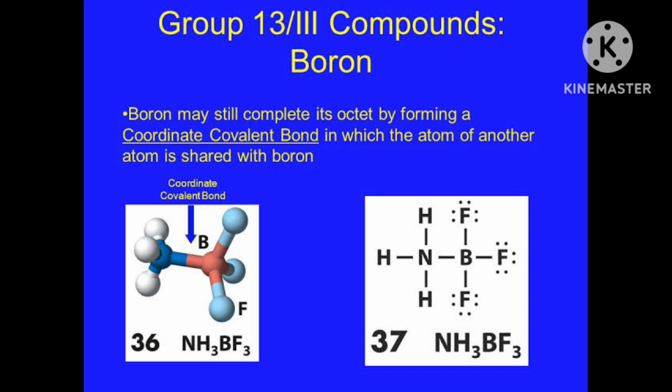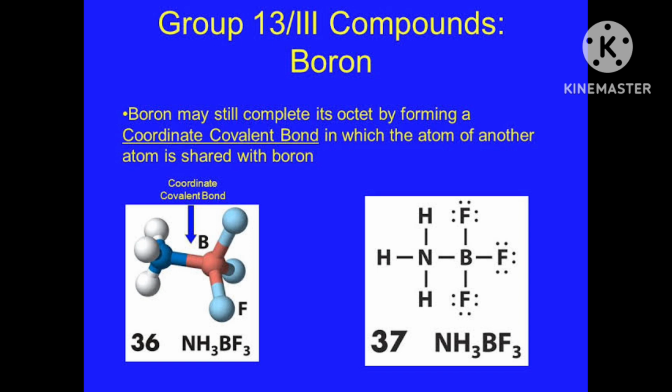The simplest boron hydride known is diborane. It is prepared by treating boron trifluoride, BF3, with lithium aluminum hydride, LiAlH4, in diethyl ether. Al means aluminum here.